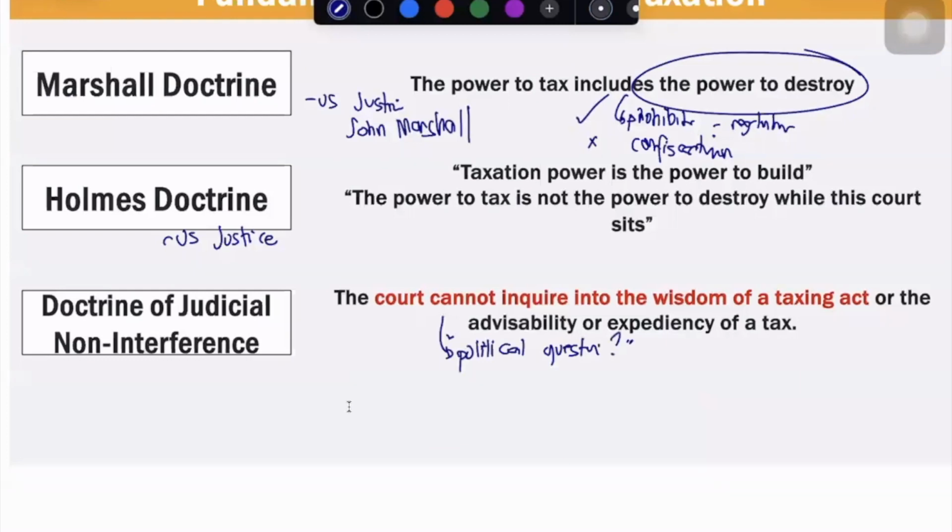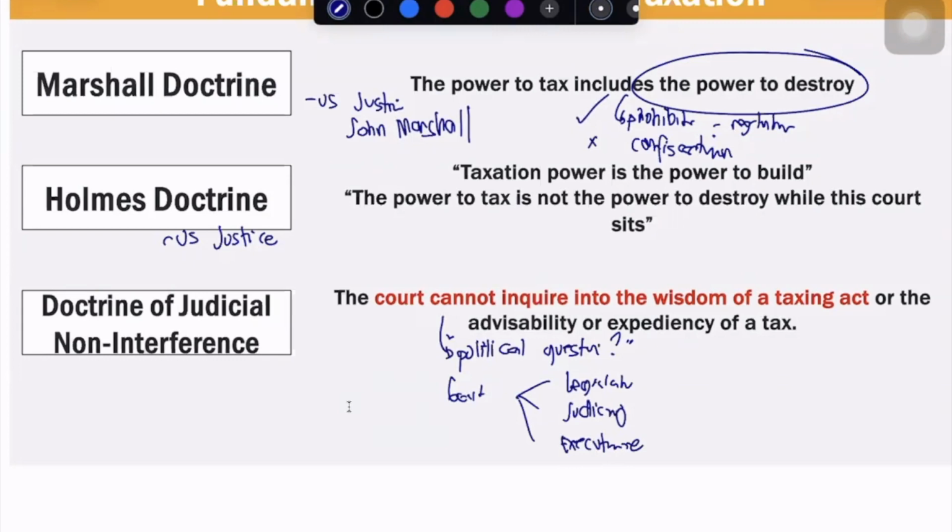When we say political question, so generally, the government is divided into three main branches. As we said, we have legislative, we have judiciary, and we have executive. When we say political question, it means that if ever it is part of one particular branch of the government, let's say the power belongs only to legislative, the power belongs only to executive, the other branches cannot question the act of the other branch.